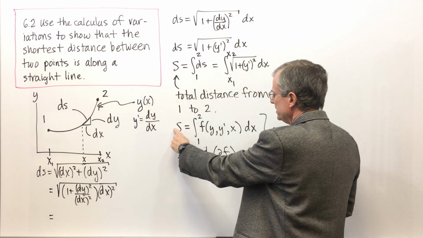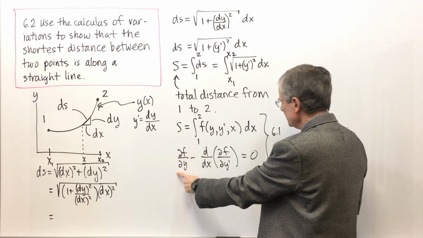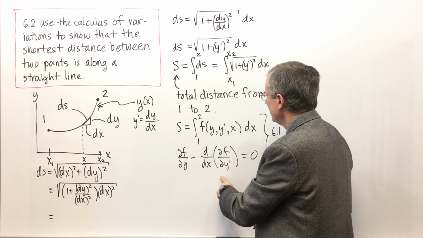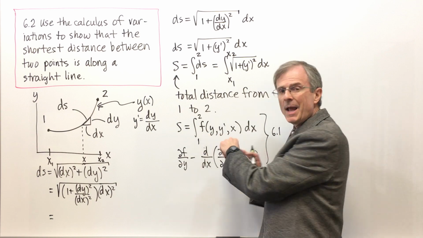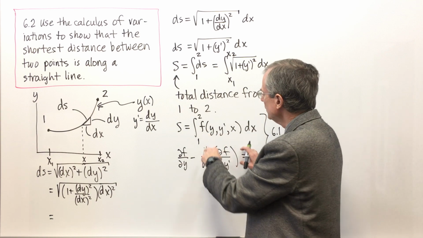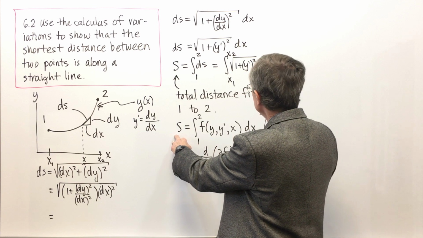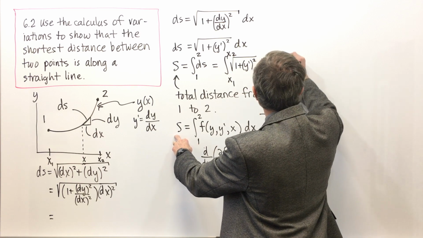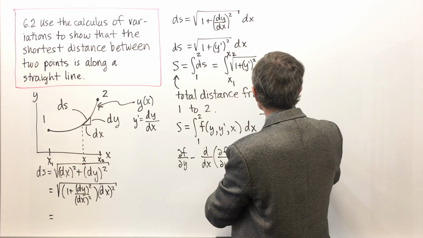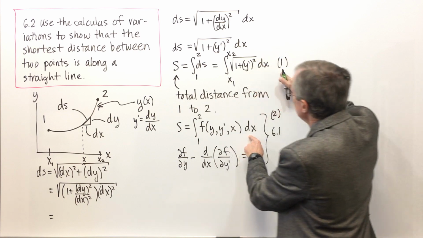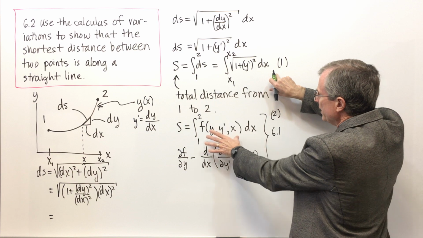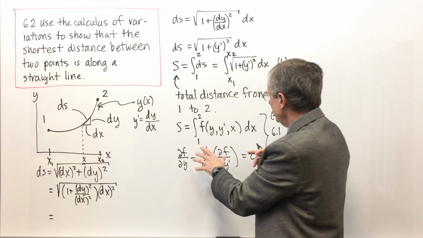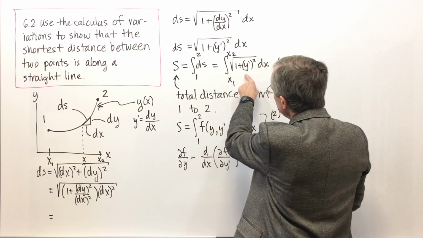And to extremize this integral, we have to satisfy the Euler-Lagrange equation. And all we have left to do is to identify what f is in this particular problem. Well, if I compare equation 1 to equation 2, they both have the same form, and whatever is the integrand here must be f.